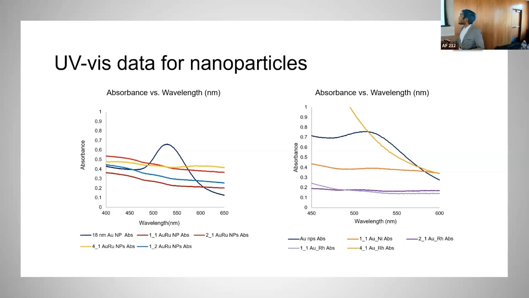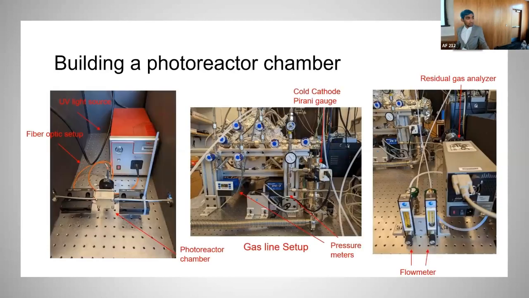Also, you can see how the absorbance of the different samples increases as you increase the molar amounts. And you can see a similar process for the oleylamine synthesis as you see in the sodium citrate and nanopure water synthesis.